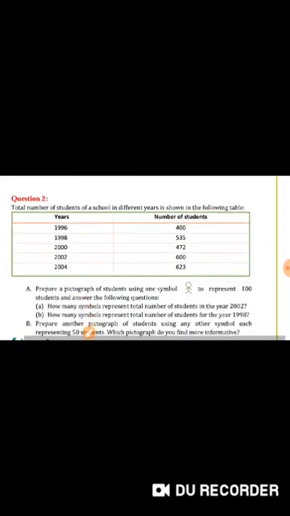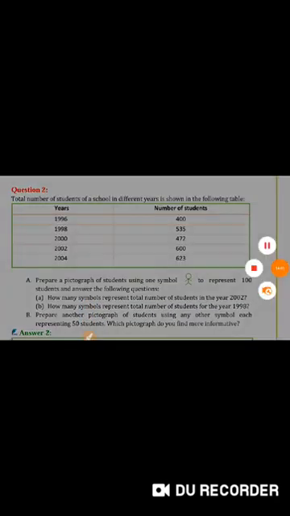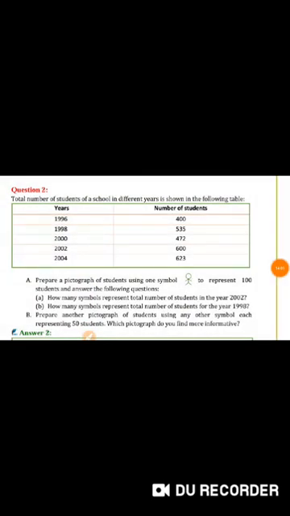Then go for the second question. The total number of students of a school in different years is shown in the following table. In 1996, the number of students was 400, in 1998 it was 535, like that the numbers of students are given. Prepare the pictograph of the students using a symbol to represent 100 students. So one symbol is equal to 100.